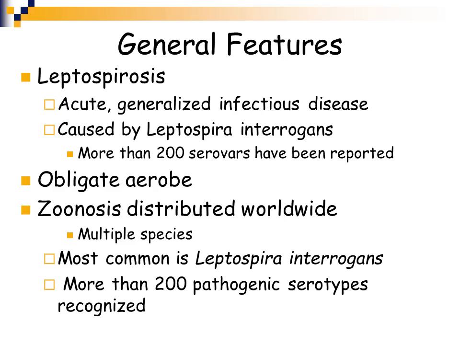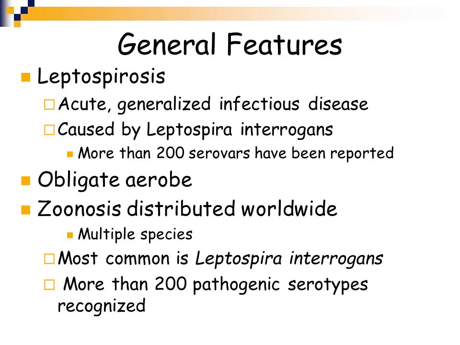So Leptospira causes the disease leptospirosis, which is a very acute generalized infectious disease caused by the organism Leptospira interrogans. Now there are more than 200 serovars of Leptospira interrogans that have been reported in the literature.